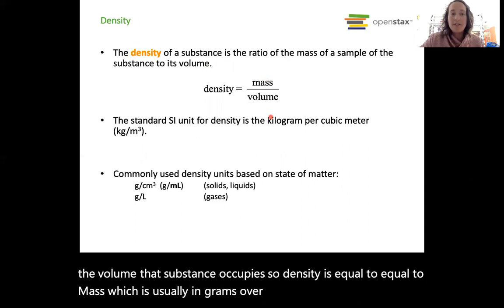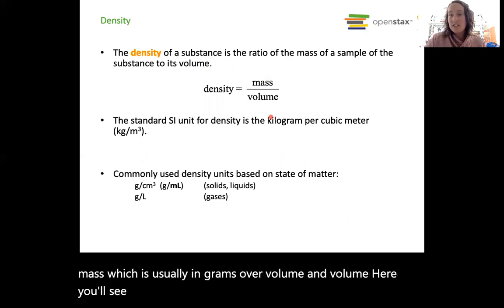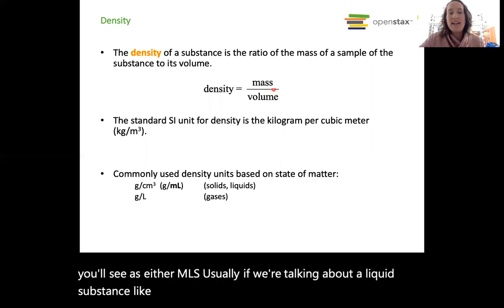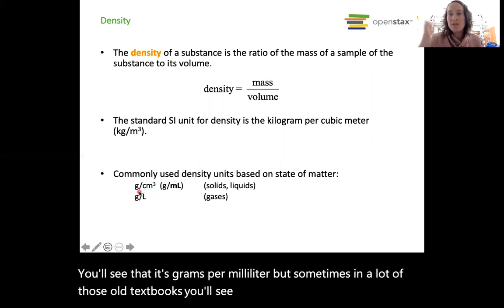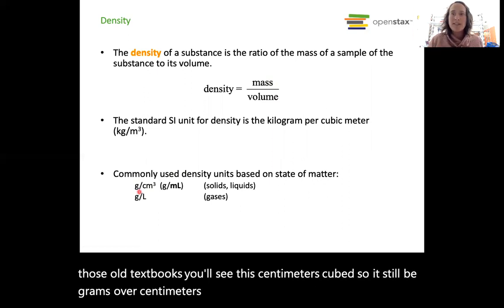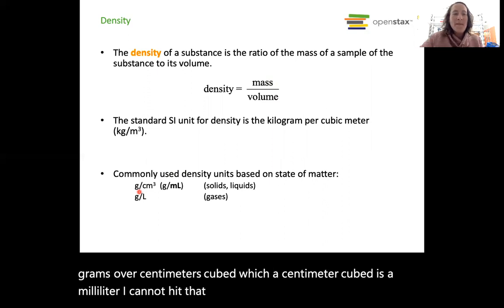And volume here you'll see as milliliters, usually if we're talking about a liquid substance like water, so grams per milliliter, but sometimes in a lot of those old textbooks, you'll see centimeters cubed. So it'd still be grams over centimeters cubed, and a centimeter cubed is a milliliter. I cannot hit that home enough. All right, so that's the density.